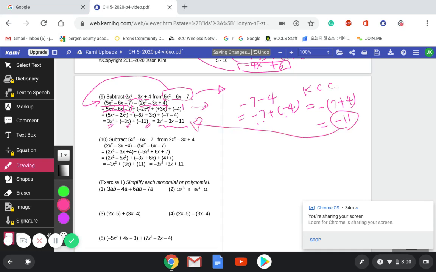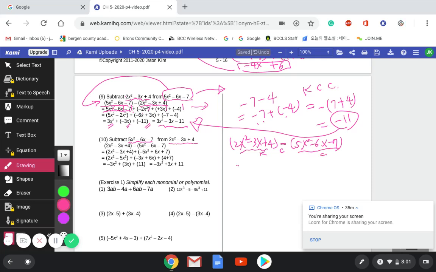The last example, subtract 5x squared minus 6x minus 7 from 2x squared minus 3x plus 4. So you rewrite 2x squared minus 3x plus 4 first. Subtract them with 5x squared minus 6x minus 7. Because of the minus, you have to do keep, change.